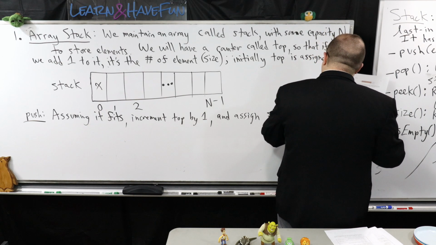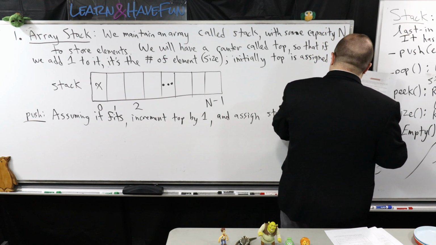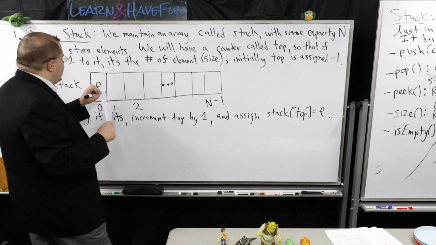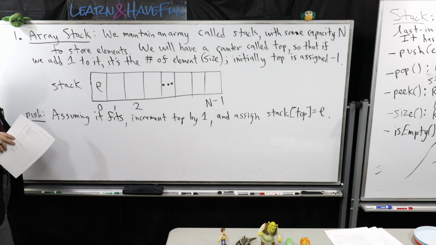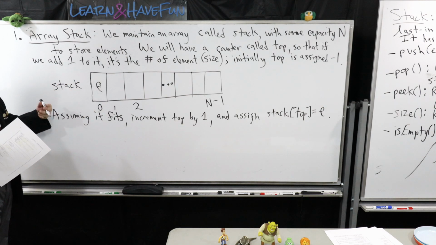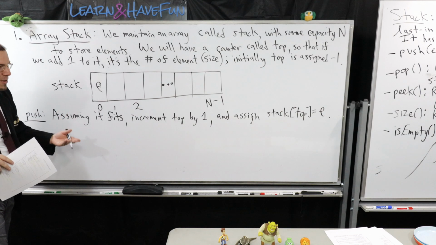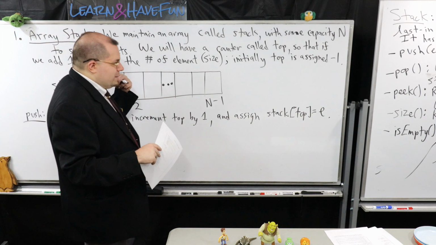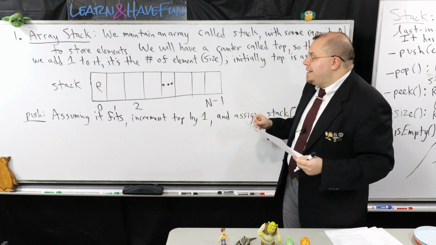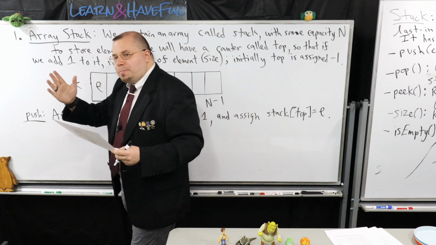Stack sub top is assigned element E, for example. If E is getting pushed, then it goes into the spot for which, if you were to add 1 to it, it tells you how many there are. So when I start off with an initially empty array, I add 1 to -1, I get 0. And that tells you exactly where the top of the stack is.